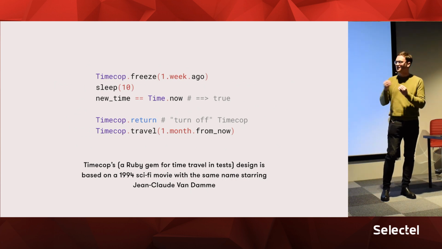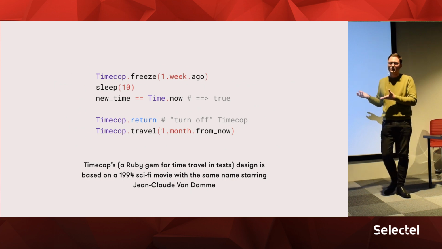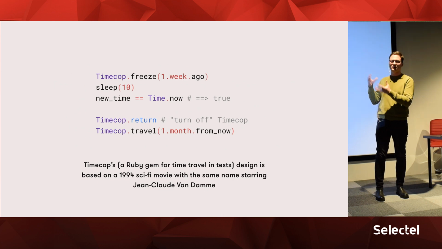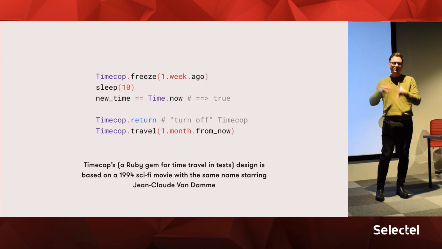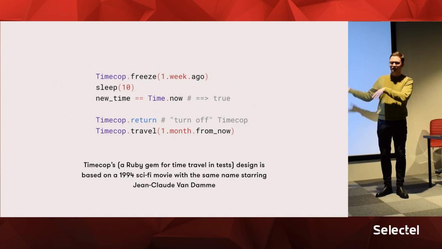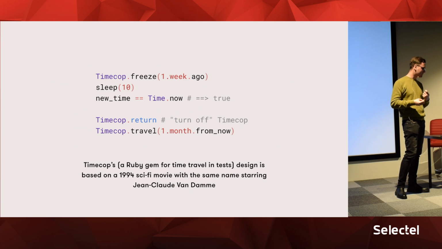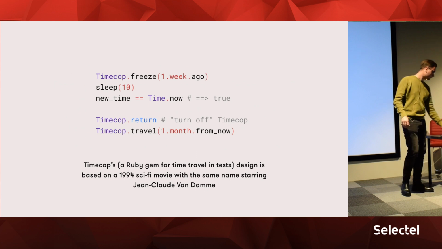What's interesting about it is this tool tells a story, and the name is based on a movie from the 90s, a sci-fi movie. They were inspired by this Time Cop character, so they built the entire API around that. So you have TimeCop, he can freeze the time, he can travel, go back, and this is quite interesting. I feel like this is the culmination, the combination of design and engineering here.